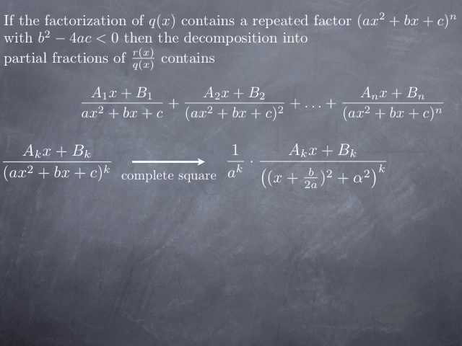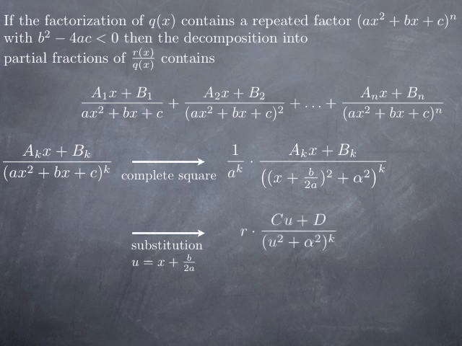It doesn't matter exactly how it is in terms of a, b, c. And then we take the substitution u equal whatever is under the square, and we get something that roughly looks like that, a linear function in u over something of the form (u squared plus alpha squared) to the k.